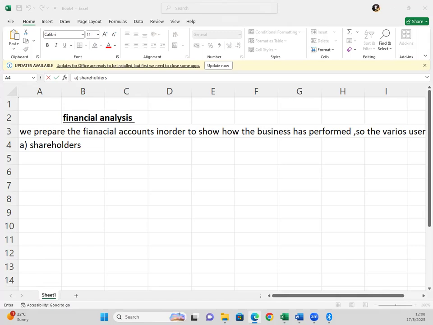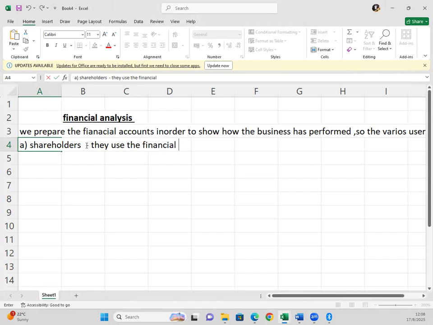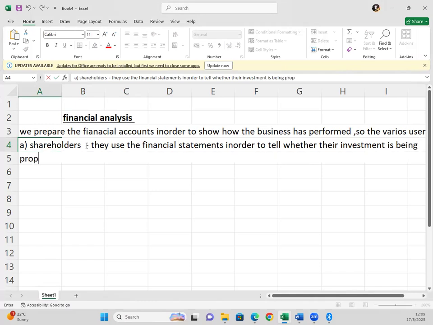So the shareholders use the financial statements in order to tell how their investment is doing, whether their investment is being properly utilized by the directors.